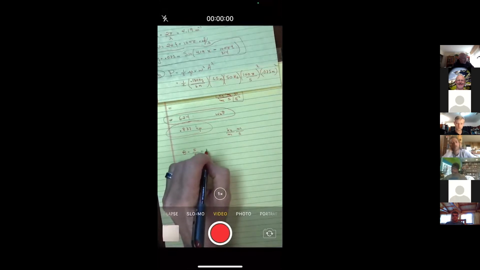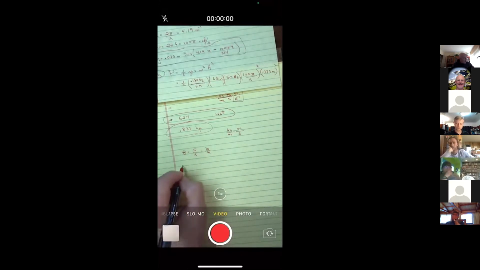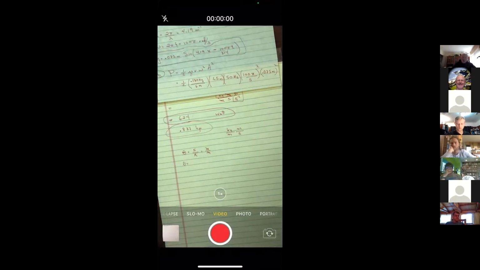Well, the arc length is measured in meters and the radius is measured in meters. So sometimes you'll hear people say radians are real numbers. What they mean is radians is not a unit. It's just a clarifier. It's a way to say, I'm not doing it in degrees.